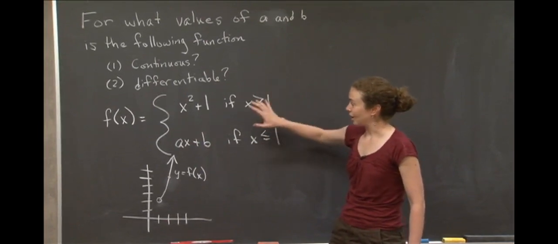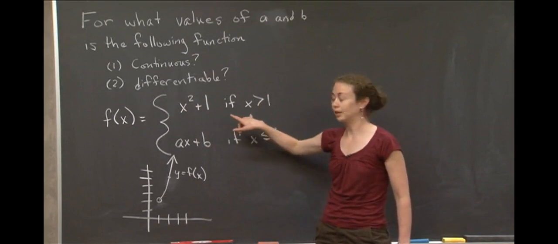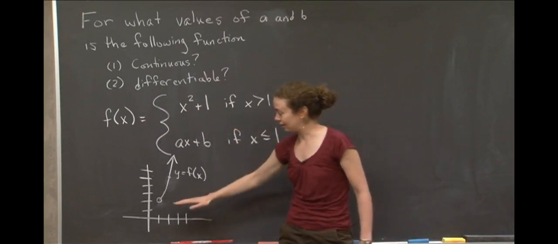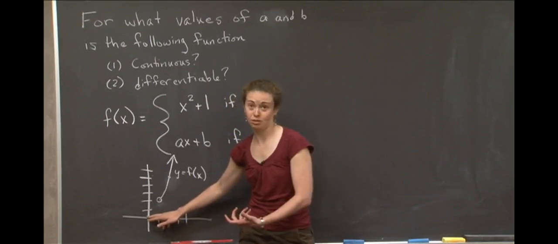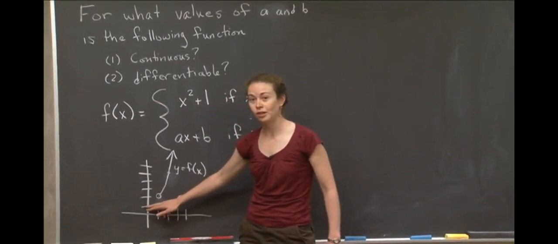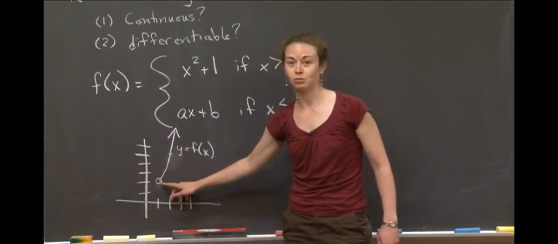So what I've drawn so far, so that you can see, is the part of x squared plus 1 if x is bigger than 1. So I've taken the x squared function that starts at 0, 0, where the vertex is at 0, 0. I've shifted it up 1 unit, and then I've chopped off everything left of and including the value at x equal 1.